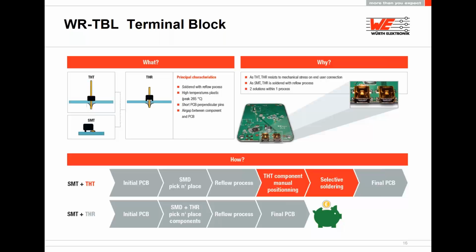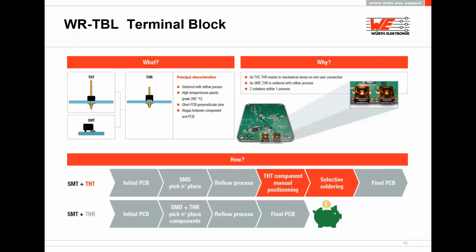And how can we do that? If you look at the bottom, you will see surface mount and through-hole. You start with the PCB, surface mount, pick and place, reflow process, and then the final PCB. That's the surface mount.